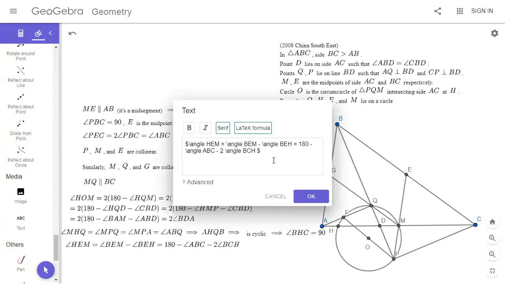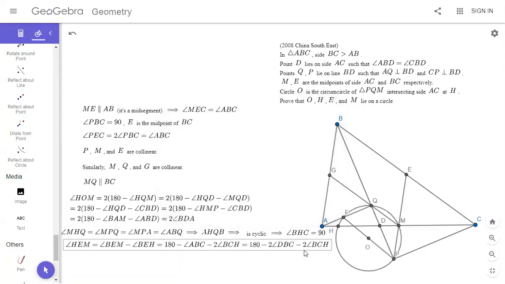Okay, so all right. But so if we look at this triangle BDC, you have DBC, BCH.